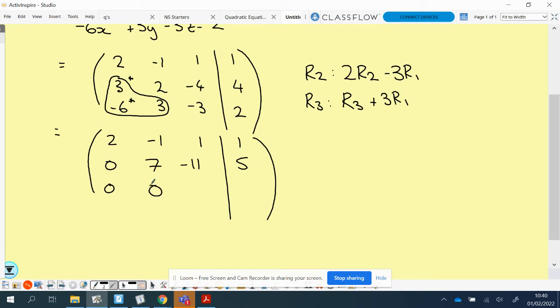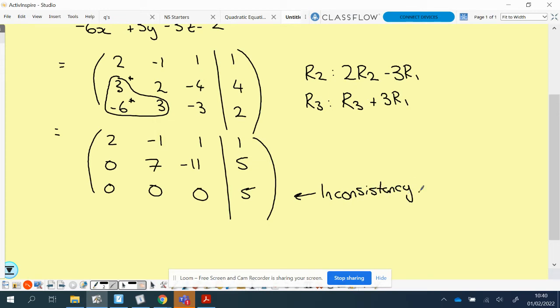Negative 3 plus 3 lots of 1 is negative 3 plus 3, which gives me 0 again. 2 plus 3 lots of 1 is 2 plus 3, which is 5. So I've got that last row now, and you'll see something different happening to what we've seen before. Let's look a bit more closely at what that row 3 now is, and this is the reason why we've got inconsistency.